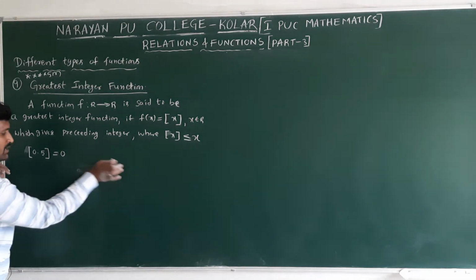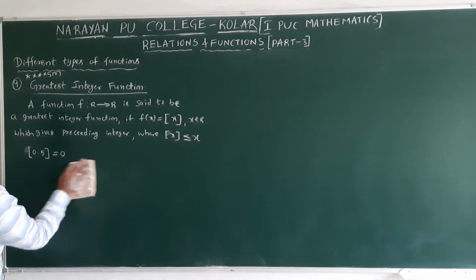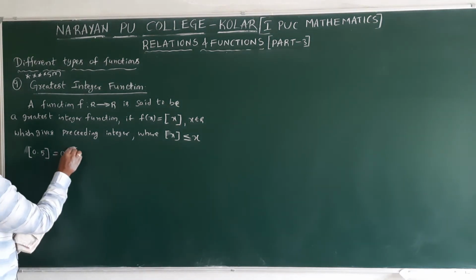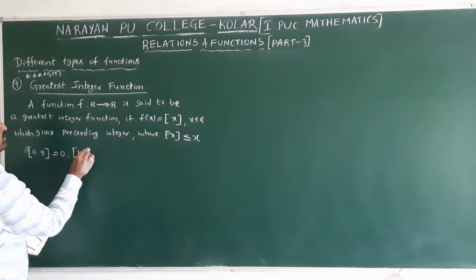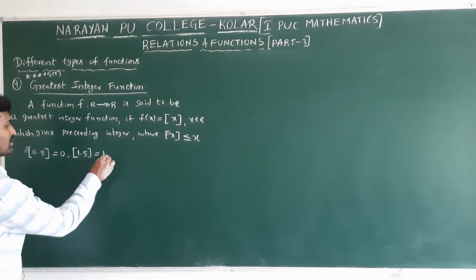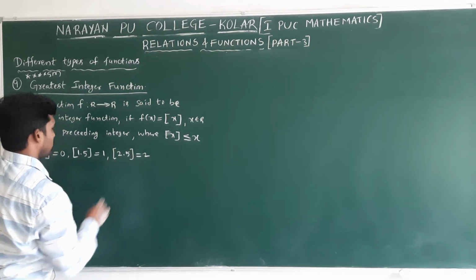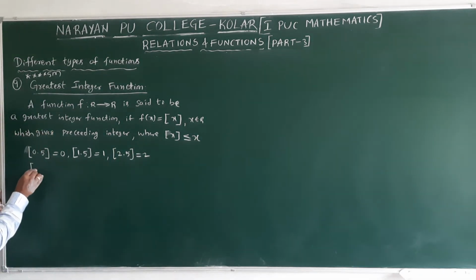Clear? Next. For example, I am taking 1.5. For 1.5, what is the preceding integer? 1. Next if we take 2.5, it is 2.